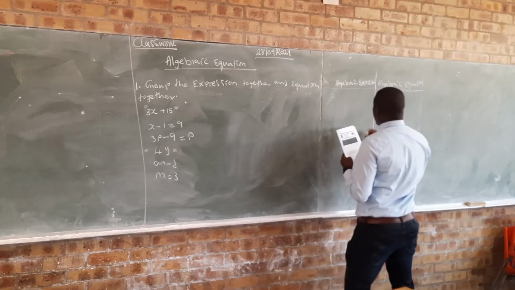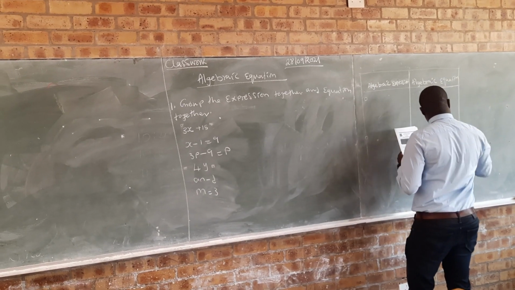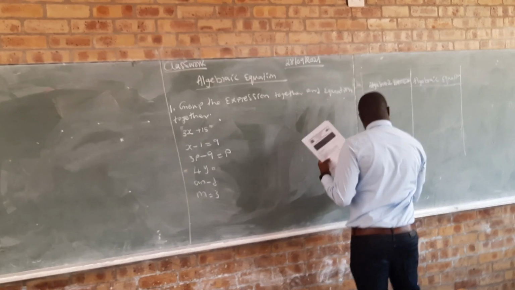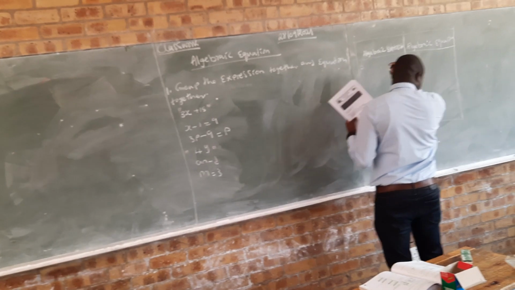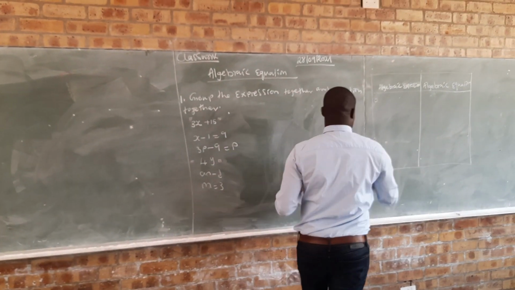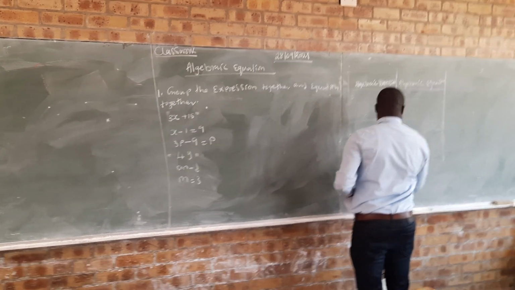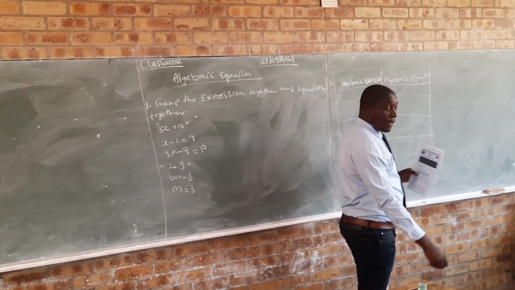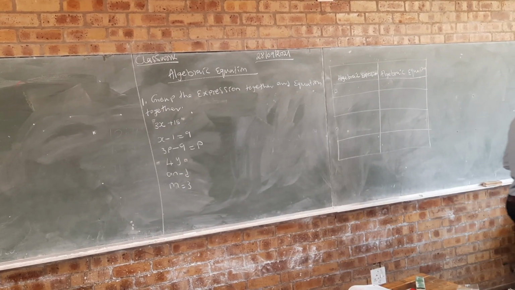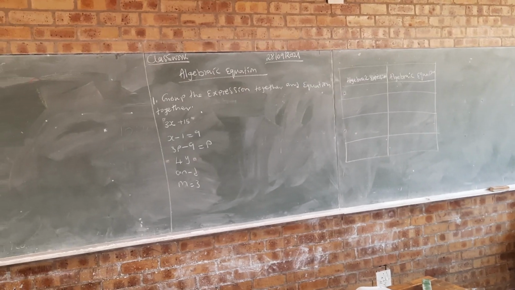So we're going to use this table just to show the two of them. Let's write 1, 2, 3, 4. Can you use that to group the algebraic expressions and algebraic equations.